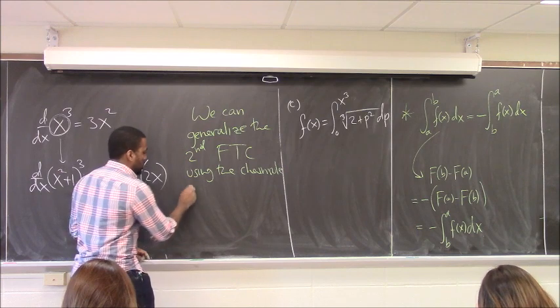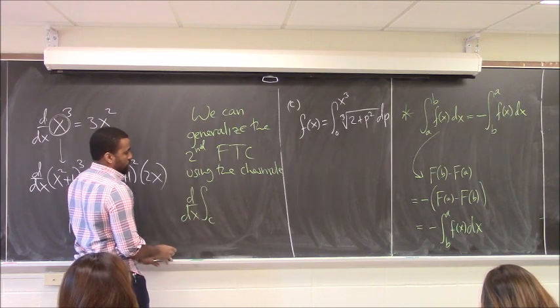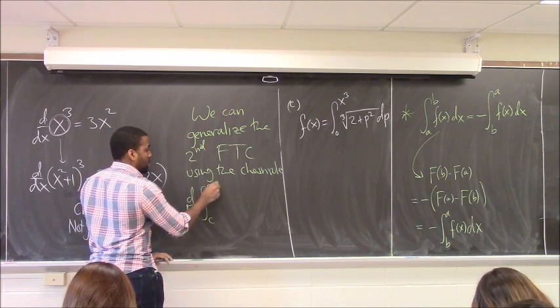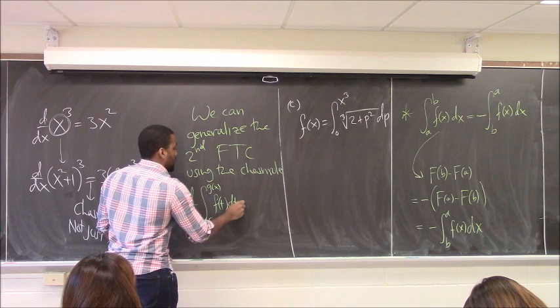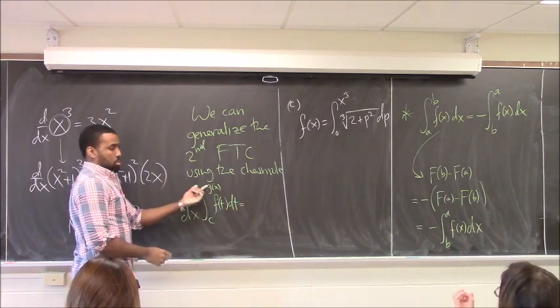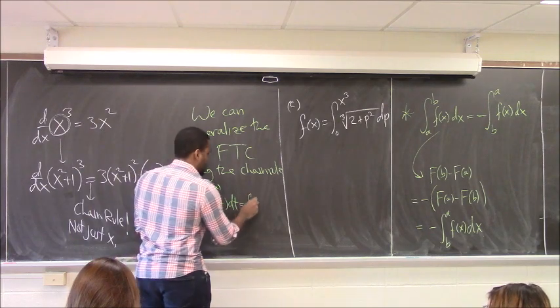In other words, if I want to find the derivative of an integral that goes from some constant up to some function, so it's not just x, then that's going to be differentiated as you normally would, just by taking that function and plugging in here.